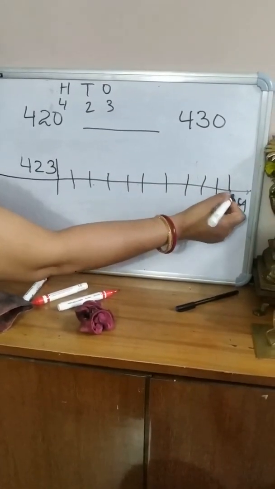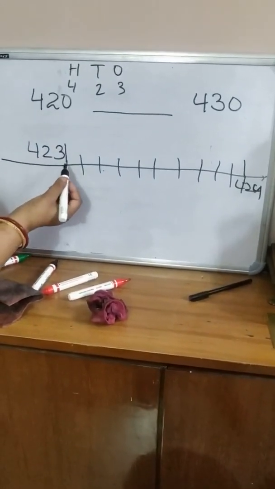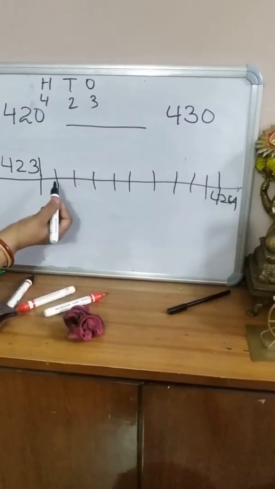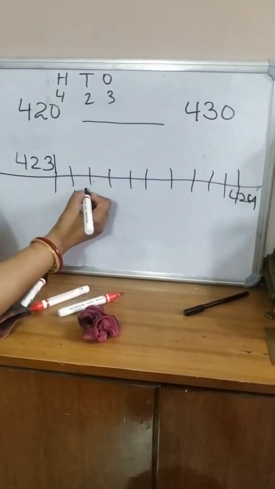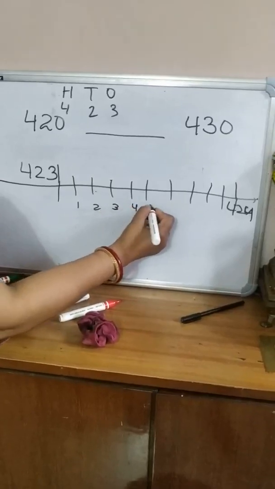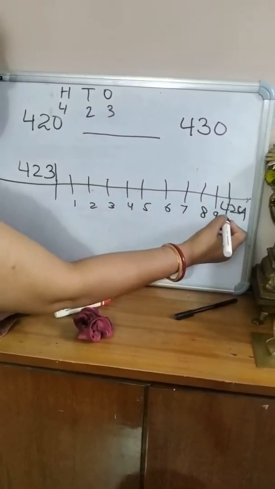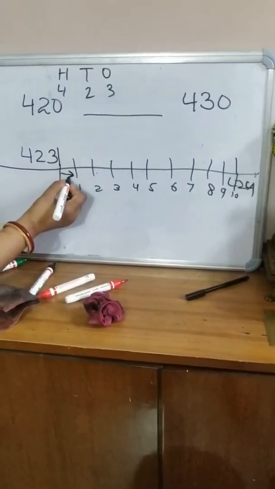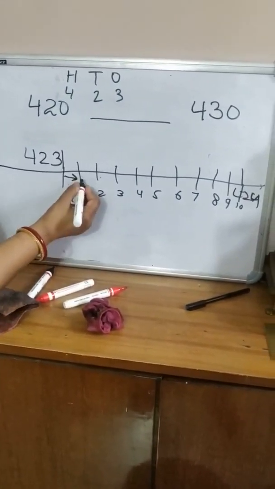When I have further divided 423 and 424 into 10 equal parts, each part represents 1 by 10.